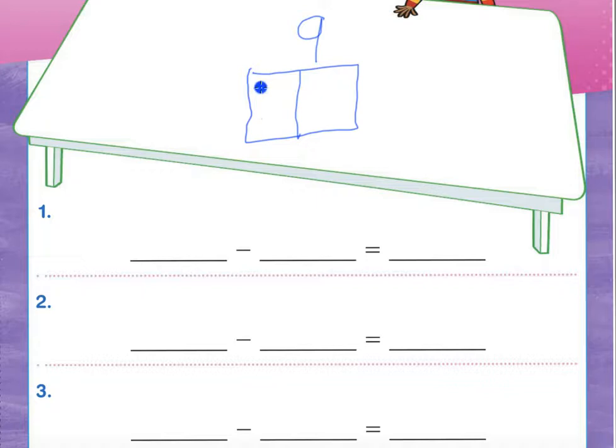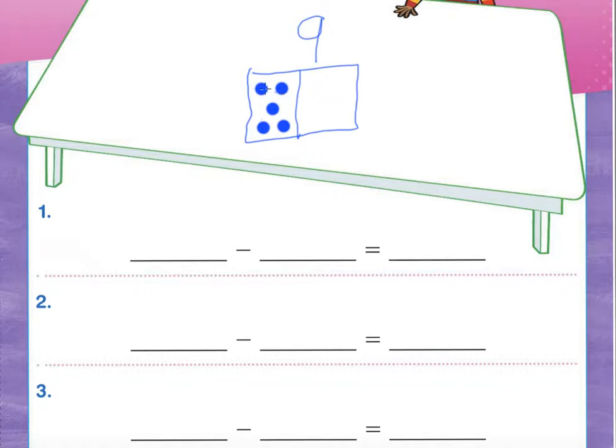Let's say they told us the number was 5. So 1, 2, 3, 4, and 5. Now remember, don't write any of this down because we're just reviewing what we did yesterday. We're not doing the lesson yet that we're on today.